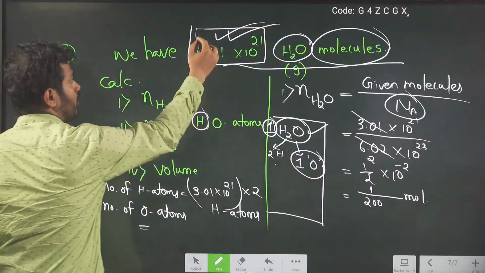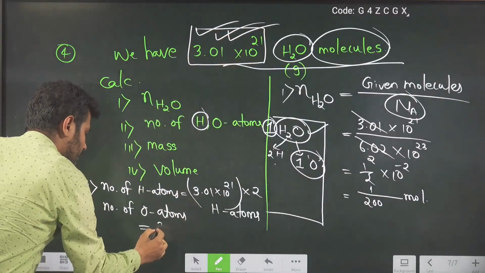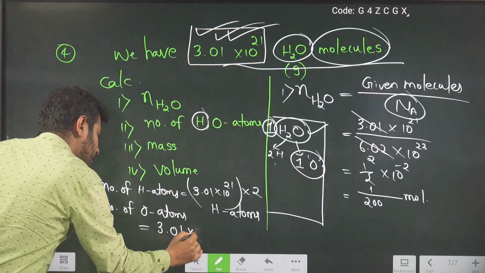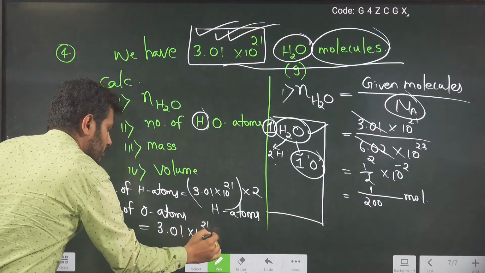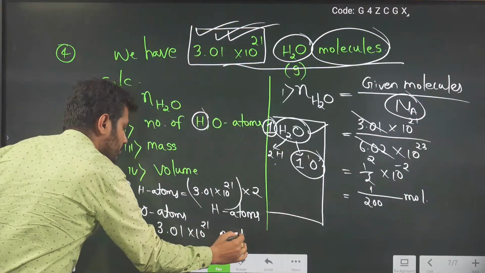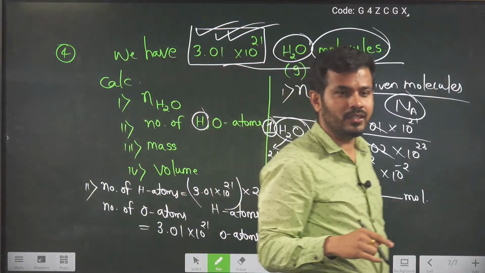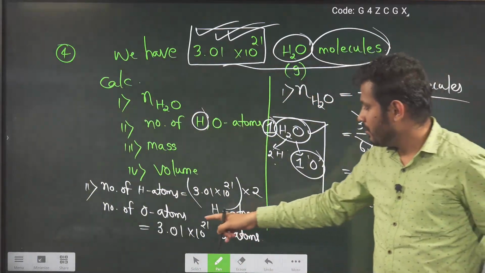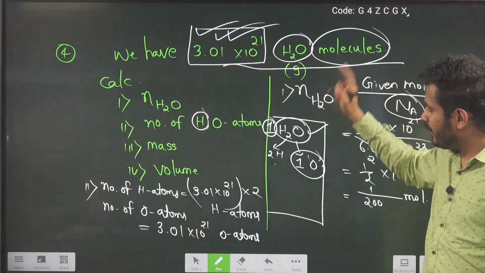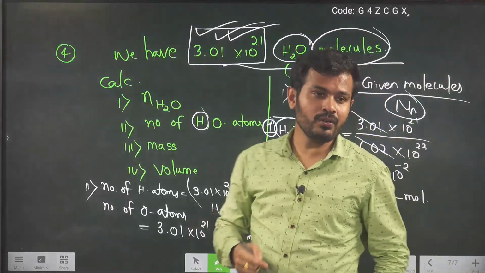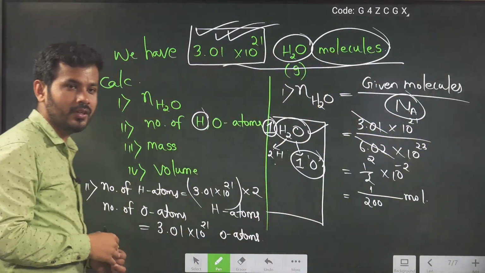What is the number of water molecules we have in the question itself? That itself is the number of oxygen atoms. Number of hydrogen atoms is just double the number of H2O molecules, whereas number of oxygen atoms is exactly equal to the number of water molecules given in the question.